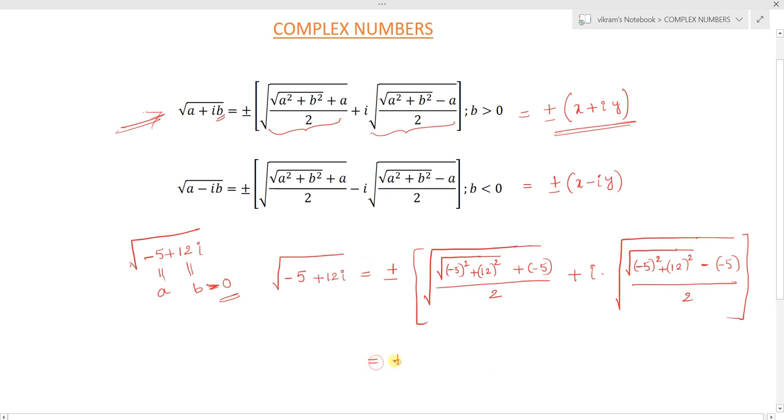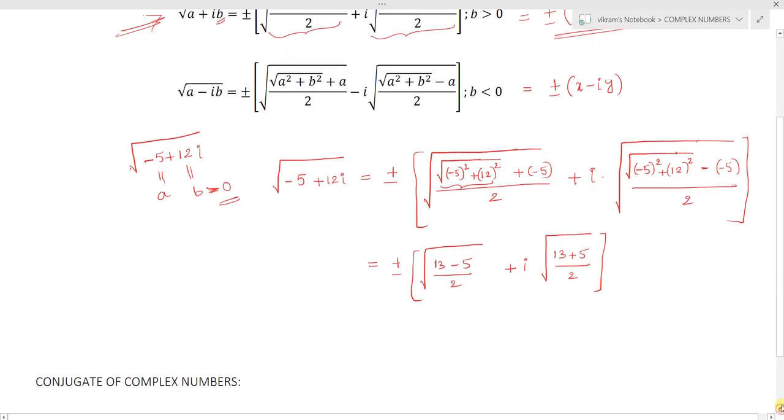If we simplify this, 25 plus 144 is 169, and the square root of 169 is 13. So we get the square root of (13 minus 5) by 2 plus iota times the square root of (13 plus 5) by 2.